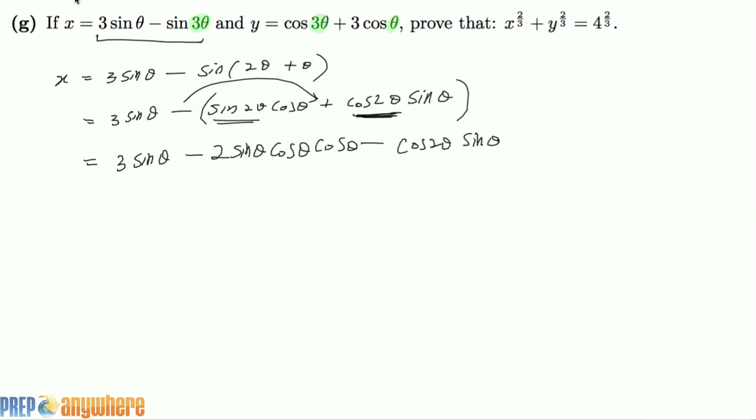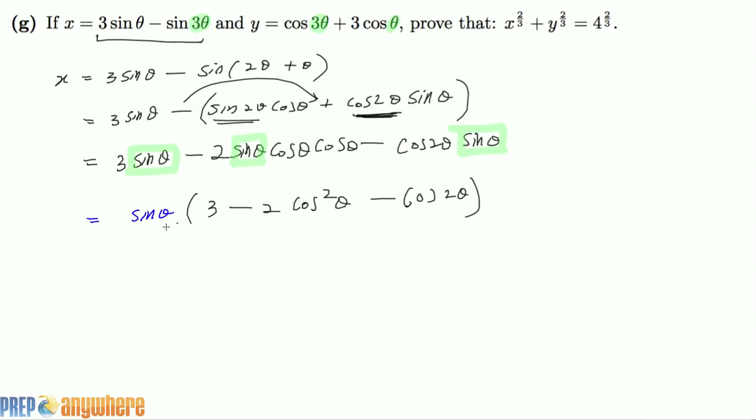Okay, so now we have some common factors: sine of theta, and sine of theta. So we can factor out a sine of theta. So we have 3 minus 2 cosine squared theta, and then a minus cosine of 2 theta.